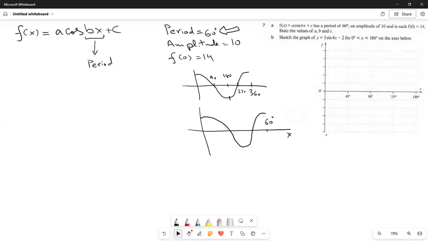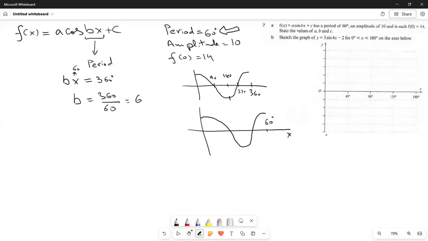It means that bx goes through a complete 360 degrees if x goes from 0 to 60 degrees. So b must be equal to 360 over 60. So this is 6. I hope it's clear.